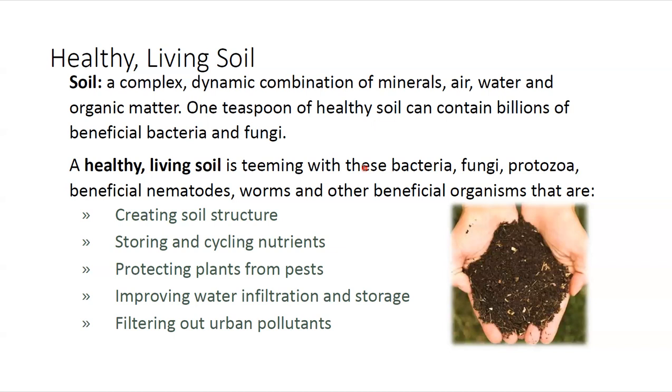Remember when we talked about nutrients, there's bacteria in soils and sometimes even in roots that are capable of converting air nitrogen into plant available nitrogen. That is cycling nutrients. Okay, they can store and cycle nutrients. If you have beneficial bacteria, fungi, protozoa, nematodes, worms, etc., generally they will protect plants from pests because there's a balance within the soil.